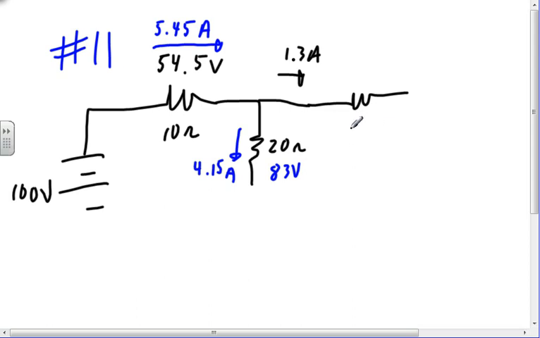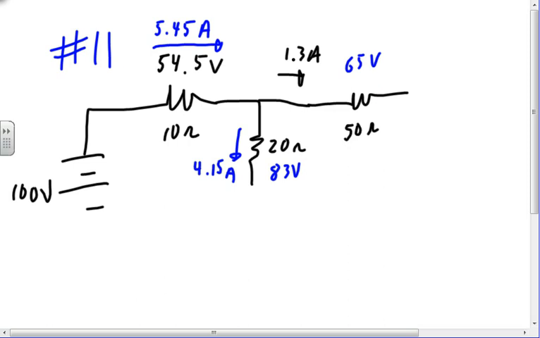Trust me. All right, so I have 50 ohms here. Because I have 50 ohms there, and I have 1.3 amps going through it, that means I've got 65 volts through that guy.